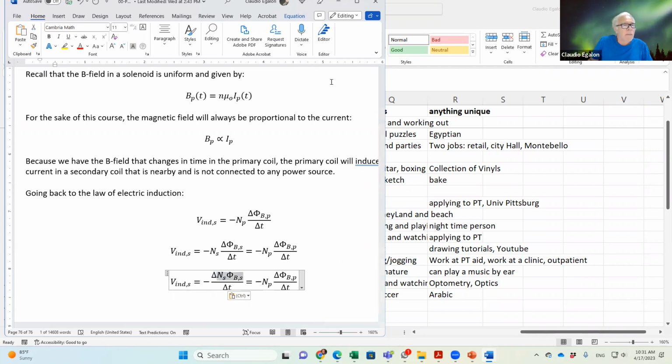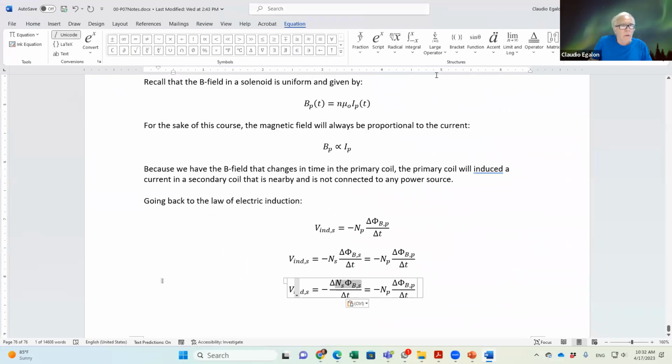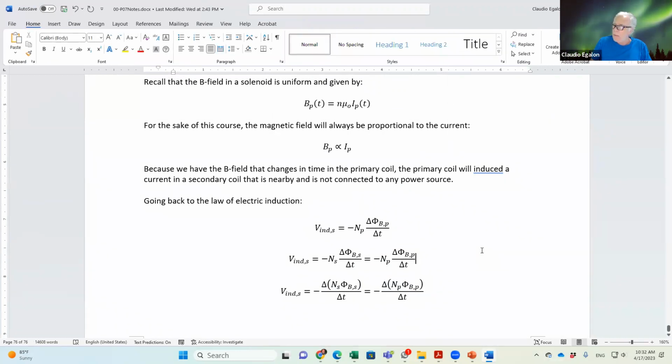I'm going to put them between parentheses. We don't need the drawings anymore, right? I can pass this N_P as well to the inside of this delta. There's a reason for that. Just rewriting the equation in a better way.